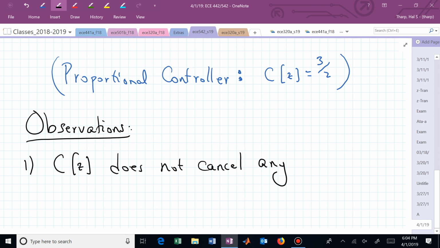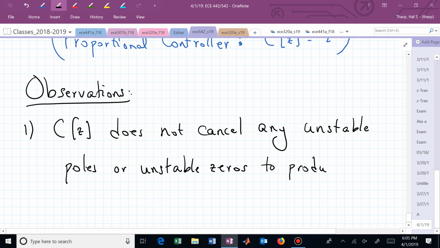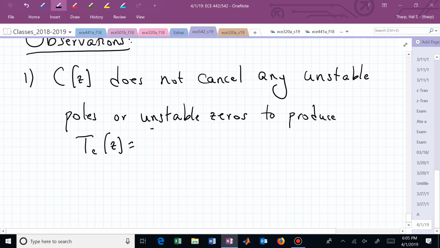So C of z does not cancel any unstable pole or poles or unstable zeros. Here we know what unstable zeros are. Those are the values of 0 that are outside the unit circle to produce T sub c of z equaling 3/2 over z minus 1/2.